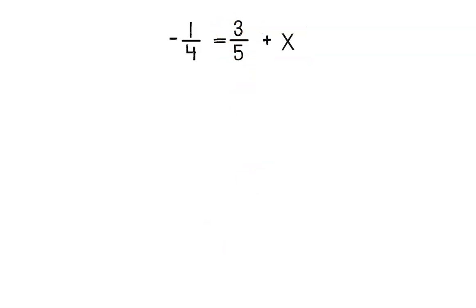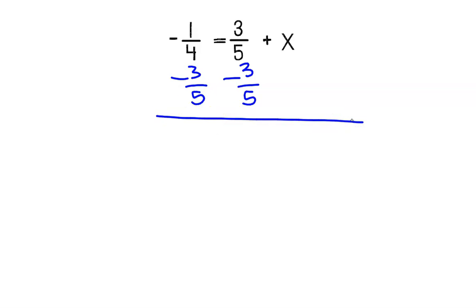So 3/5 is positive because I don't see any sign in front of it. So we are going to use subtraction or a negative sign here. But don't use this twice. A lot of times I'll see kids put in their calculator, subtract -3/5, and that's not what that says. You can only use this symbol one time.